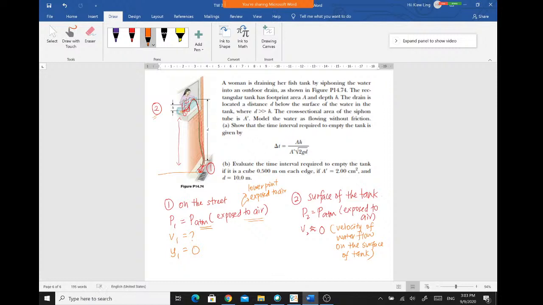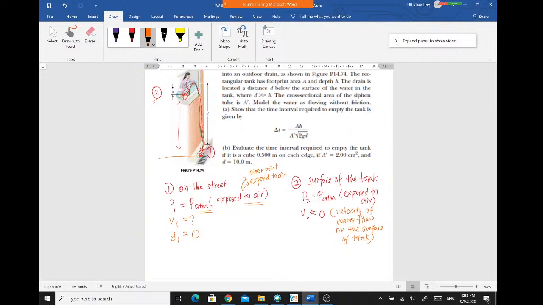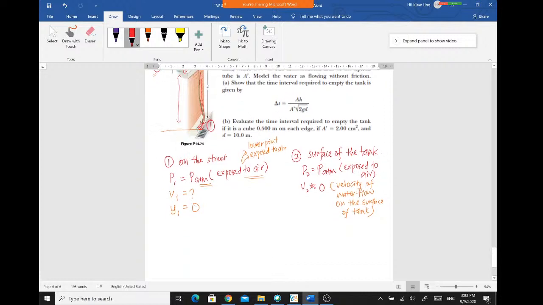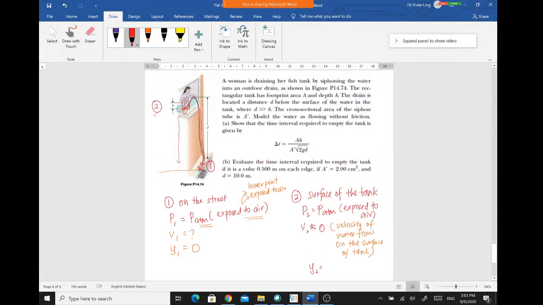So if you have a tank and there is a leakage at the bottom of the tank, then the velocity on top of the surface is assumed to be 0 because it will be very much slower compared to the velocity of the water at the leakage point. And your Y2 now is D, which is here.